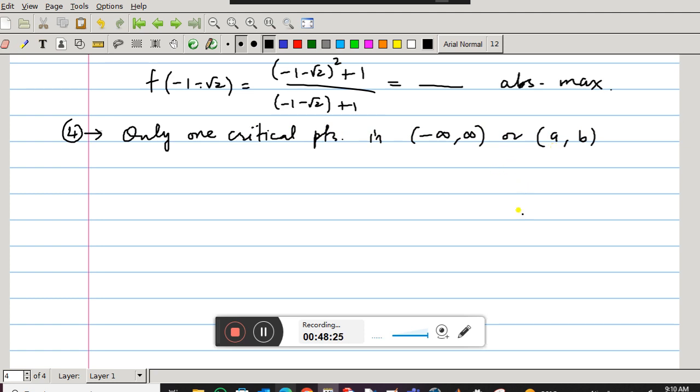Is it the third one? No, fourth one, yes. In the above two tests for infinity, minus infinity and AB, if you have only one critical point, no need to check the limits.